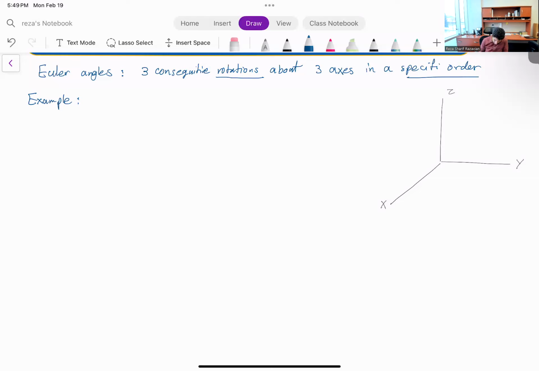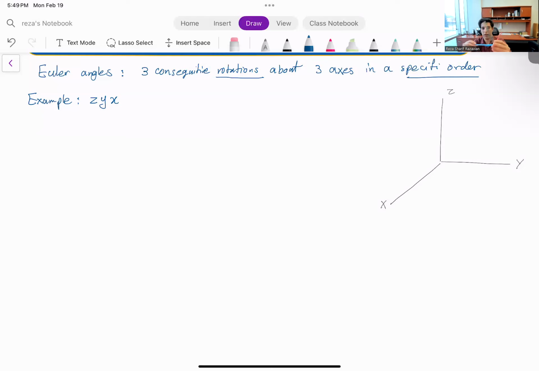So in this example, I have a sequence Z, Y, X.